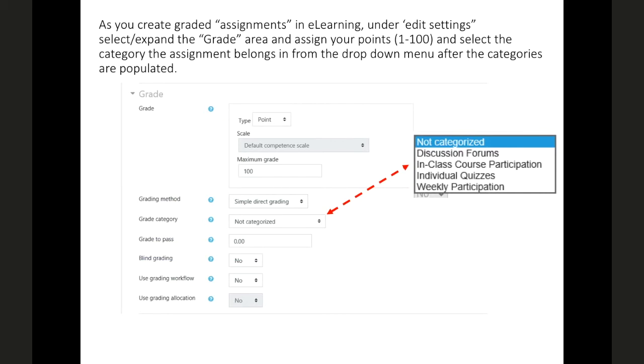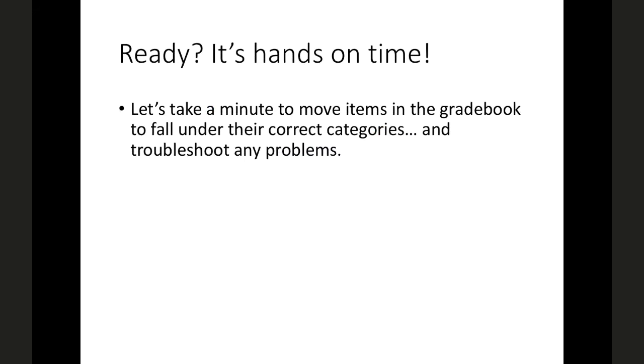So if you already have a category on discussion forums and you're making a discussion forum, under here, instead of not categorized, you would tell it what category to go in. Okay? So that's really all I wanted to go over for now.